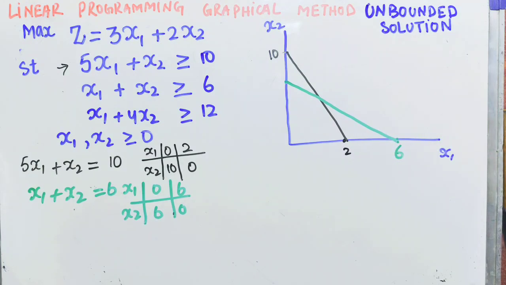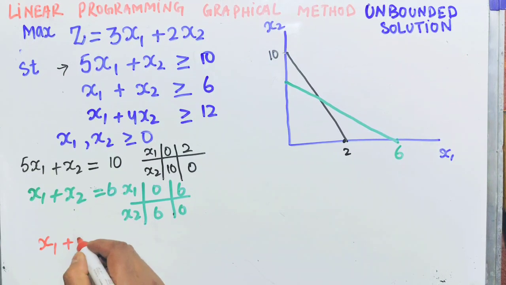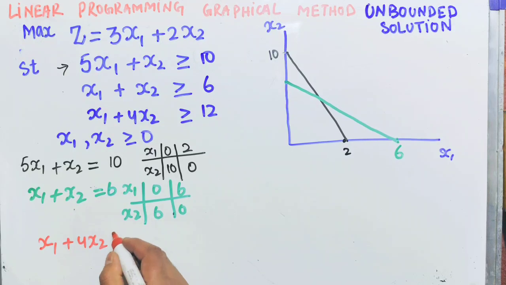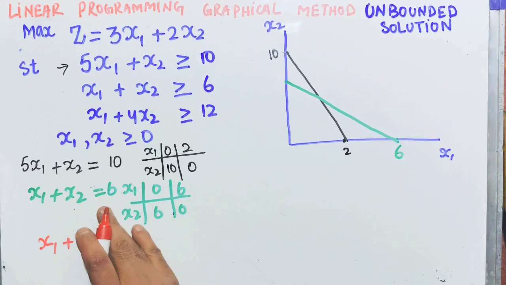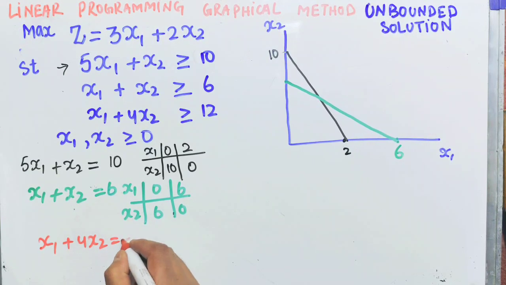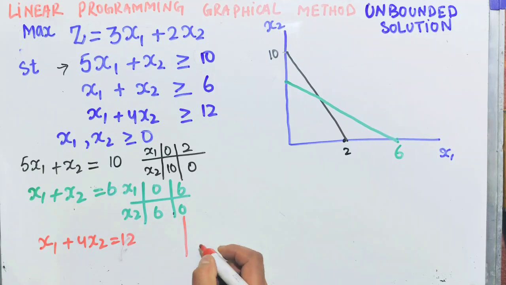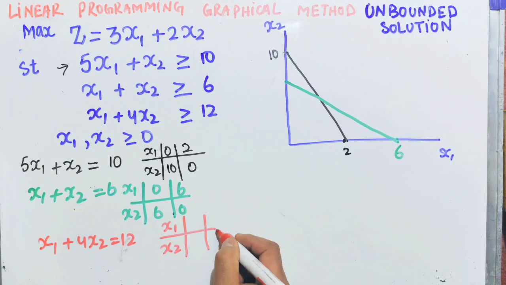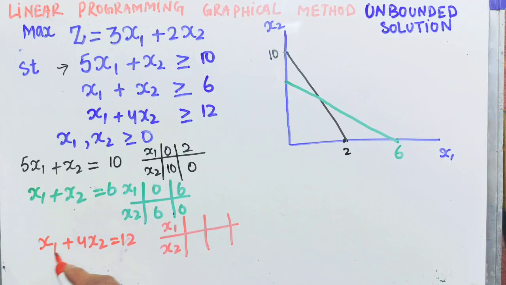Then we have the third constraint, that is x1 plus 4x2 greater or equal to 12, or let us replace it with the equality sign to solve this on the graph. So we have x1, x2. So when x1 is equal to 0, x2 will be equal to 12 upon 4, which is 3.